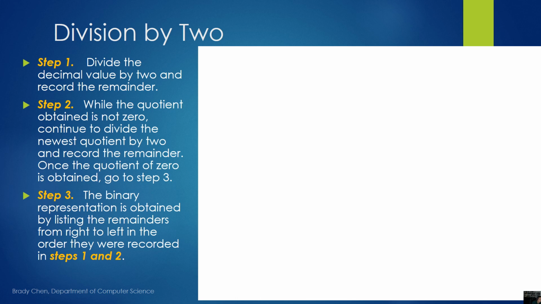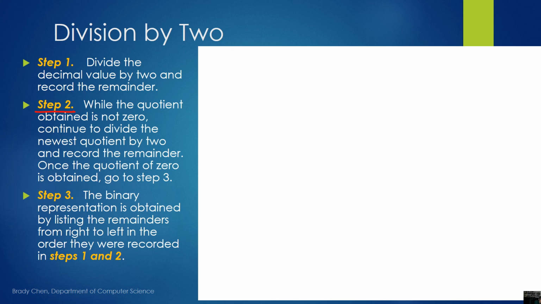In step 2, if the quotient of this division is not 0, then we continue to divide the nearest quotient by 2 and record the remainder. We continue to do this. Once a quotient of 0 is obtained, we go to step 3.